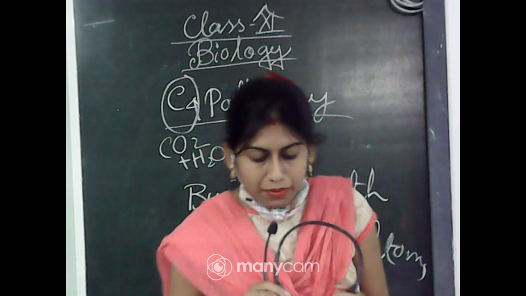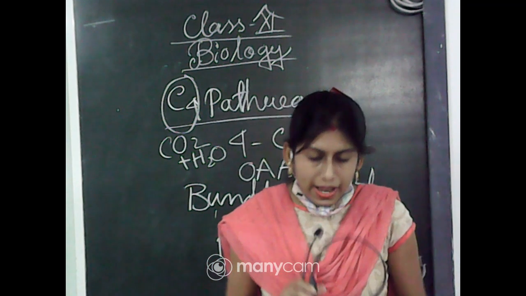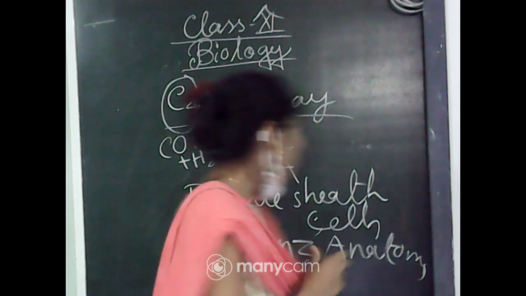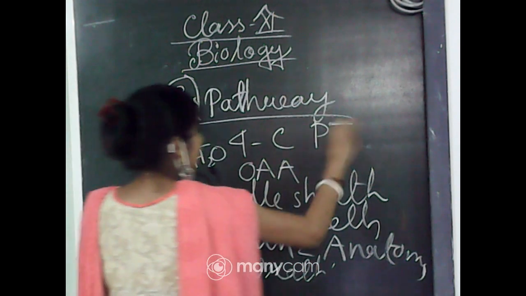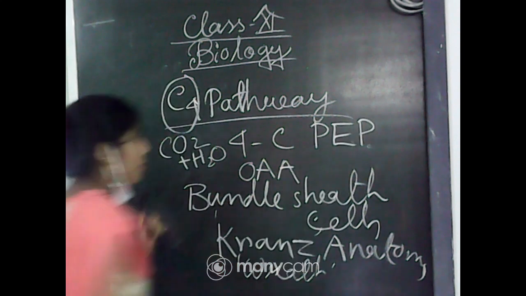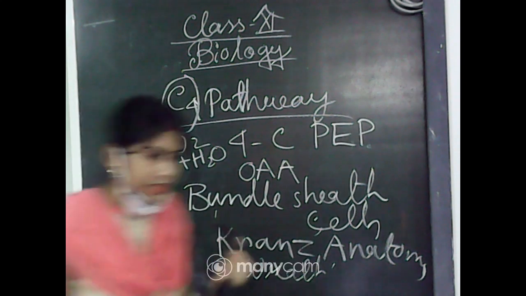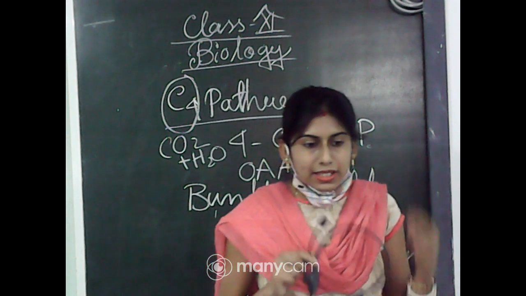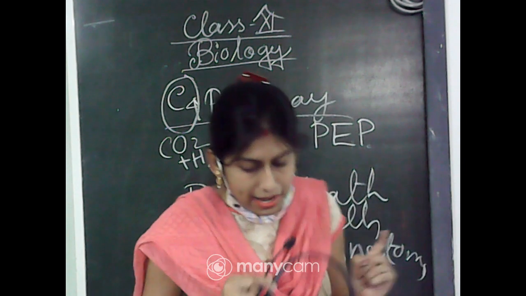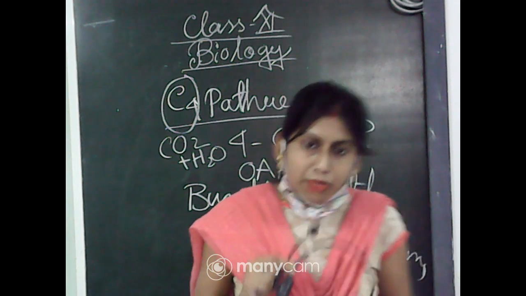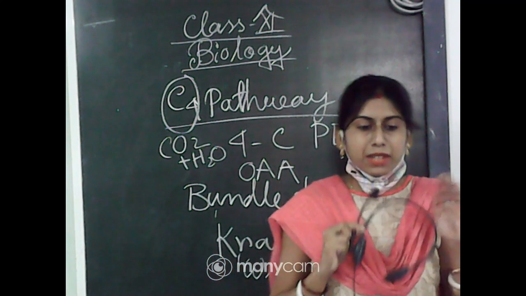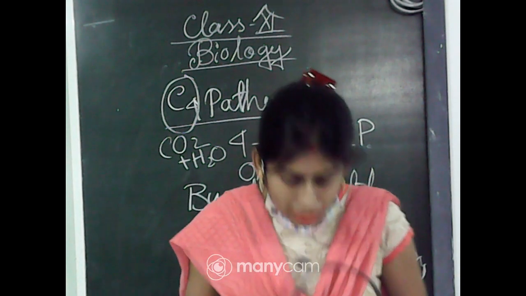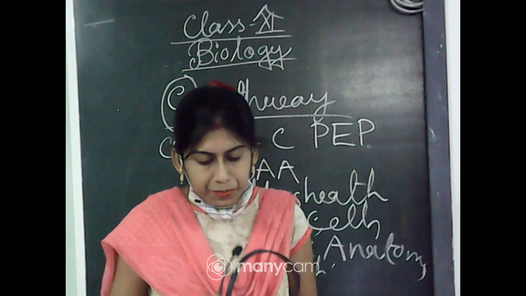So the primary carbon dioxide acceptor is a 3-carbon molecule whose name is PEP. And what is the full form of PEP? Phosphoenol pyruvate, which is present in the mesophyll cells, and it is the first carbon dioxide acceptor molecule in the C4 pathway. Okay, then what will happen?